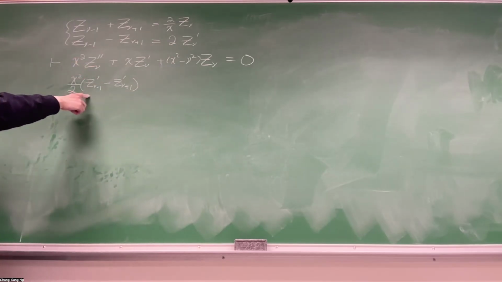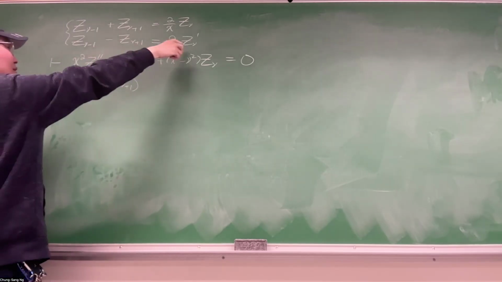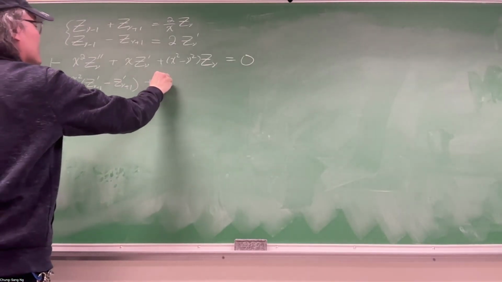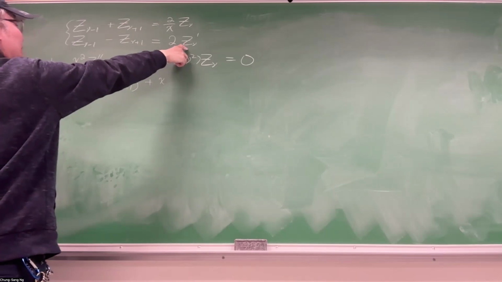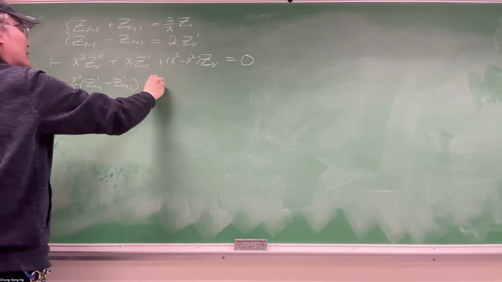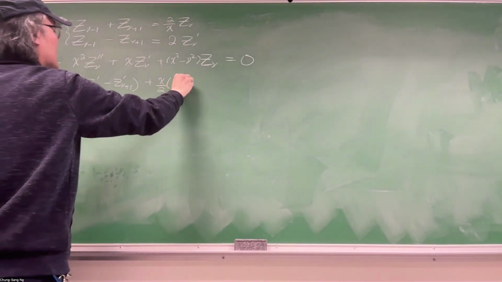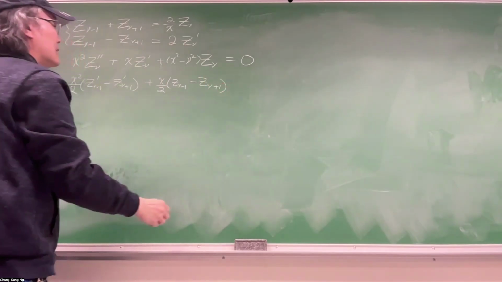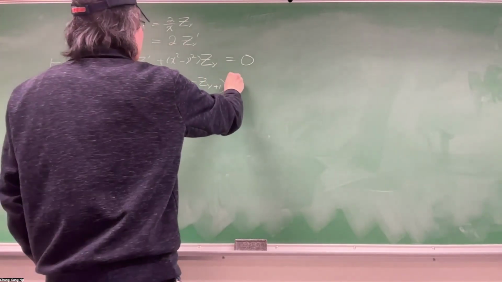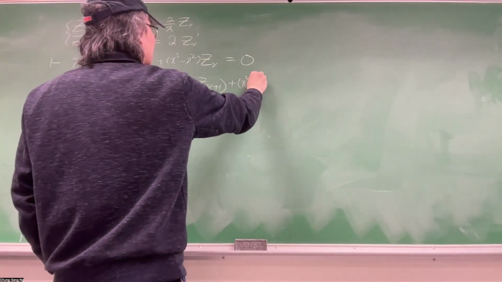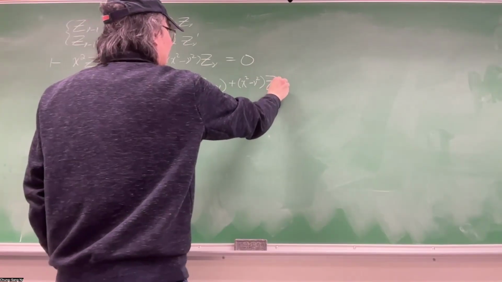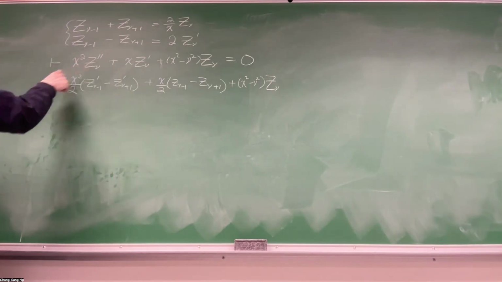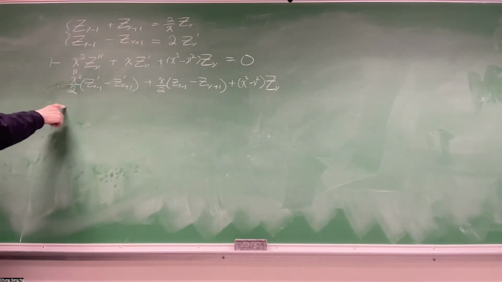So that would be this one. It's okay, you can follow. Right? So this is coming from this one. So that's the first term, and the second term is you can use it directly now because this is exactly this one. So x over 2 (Z_{nu-1} minus Z_{nu+1}), and the rest we'll just keep it like it is first and see how we deal with it. So this becomes that, or you can say this equals that.